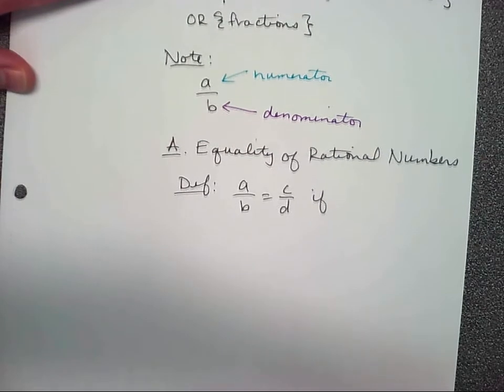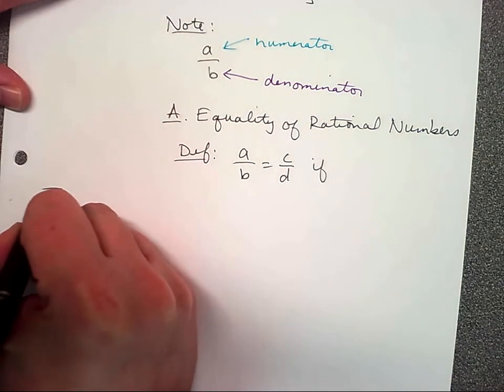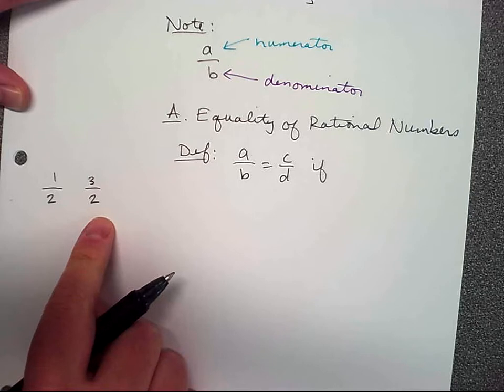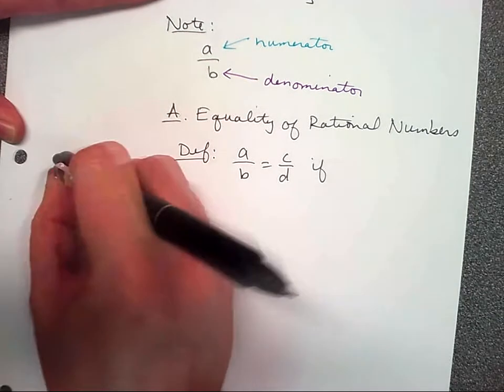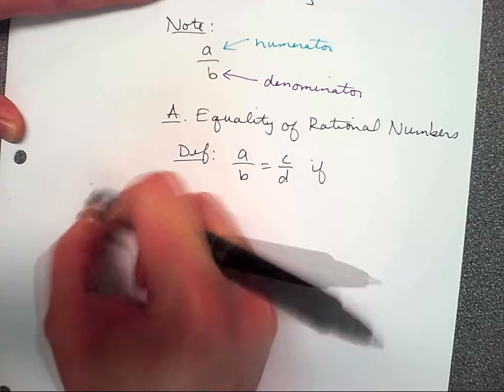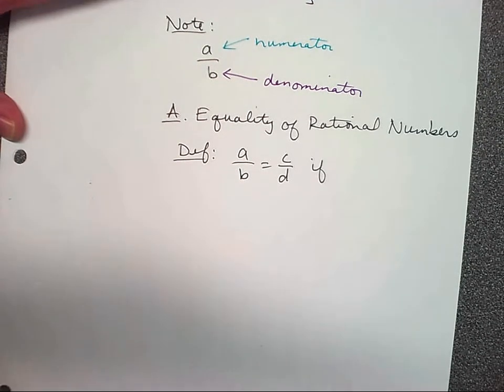How do you know if two fractions are equal? So if the denominator is the same. Are those equal? No. So if you have an idea, you can come up with one counterexample.